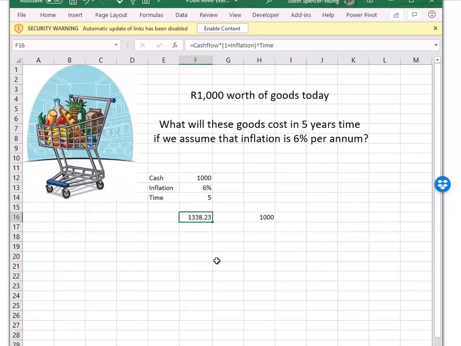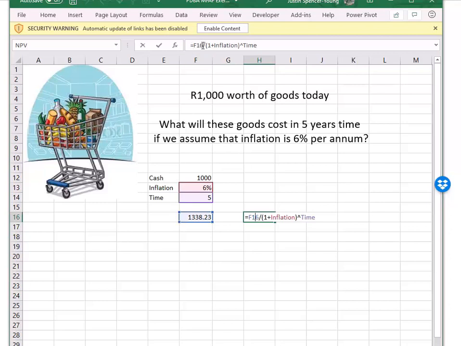Now we could do the calculation backwards as well. We could say those goods in 5 years' time for which we pay 1,338 rand, what would we pay today? If we were given the 1,338 and we had to reverse engineer it, we could try this formula.